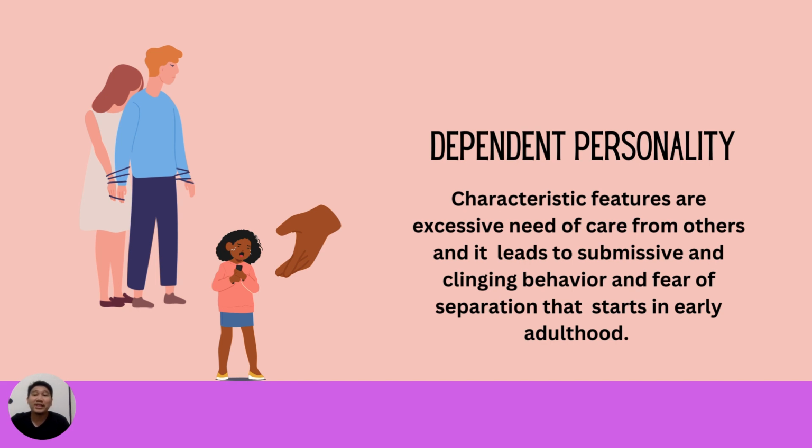BPD involves extreme mood fluctuations, instability in relationships, and impulsivity. People with BPD have an intense fear of abandonment and have trouble regulating their emotions, especially anger. DPD doesn't typically involve mood fluctuations and impulsivity.